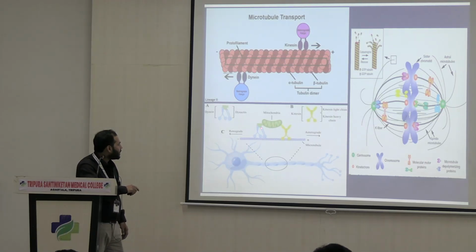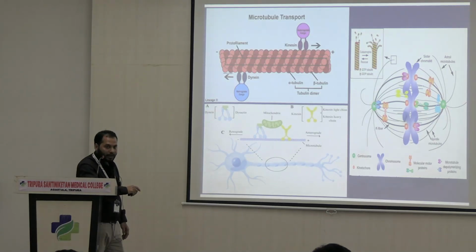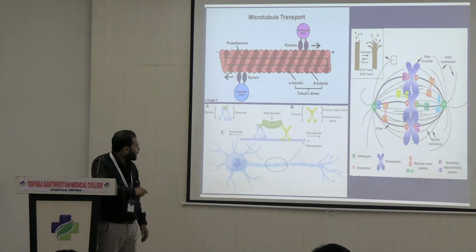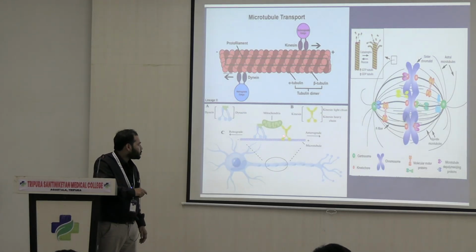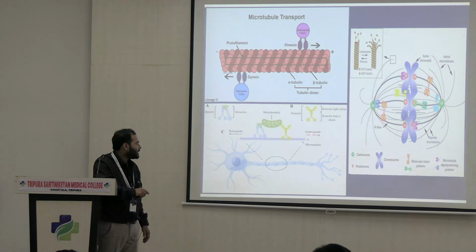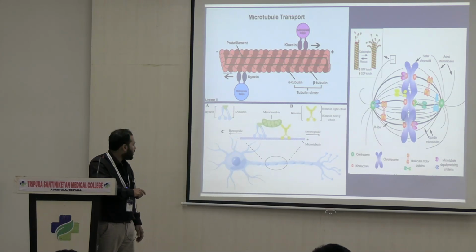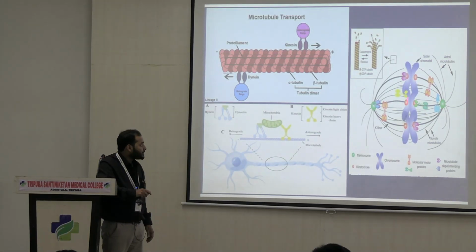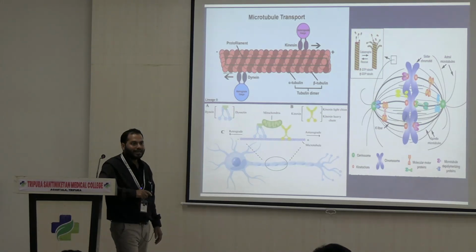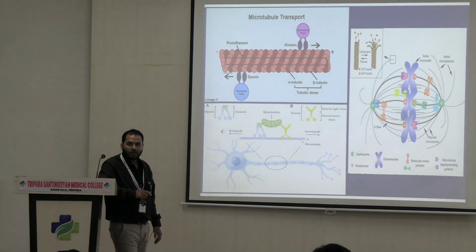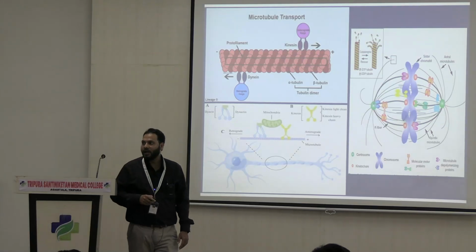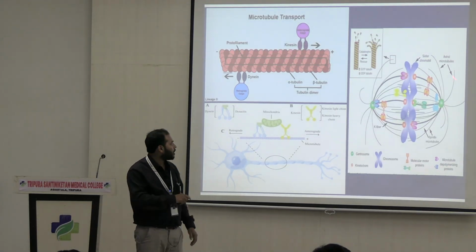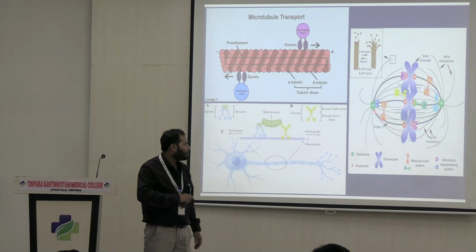One is the kinesin, another is the dynein, and there are organelles that bind to this protein, and they move towards the plus ends, meaning they show the anterograde movement. At the same time, another protein, the dynein, shows the retrograde movement. The same thing you can see here. During the segregation of the chromosomes, the spindle fibers form, and this spindle fiber allows the migration of these chromosomes towards the pole.